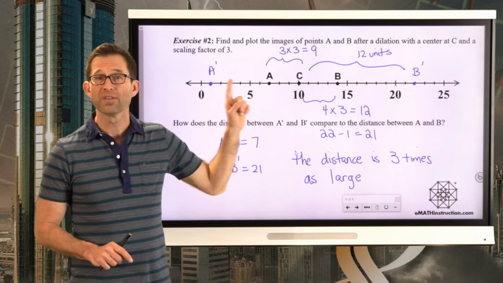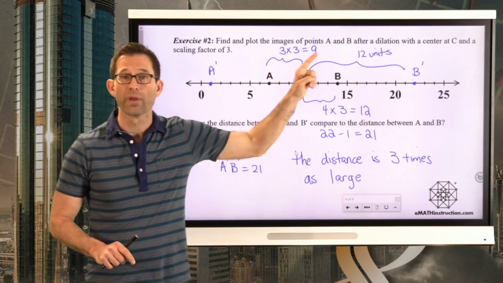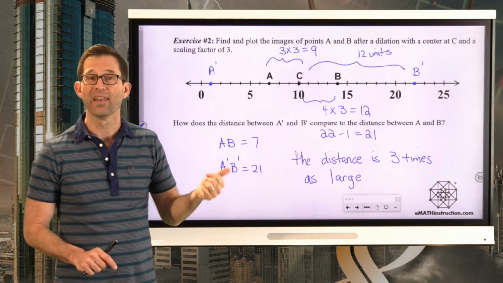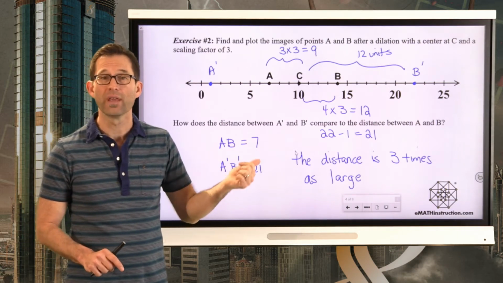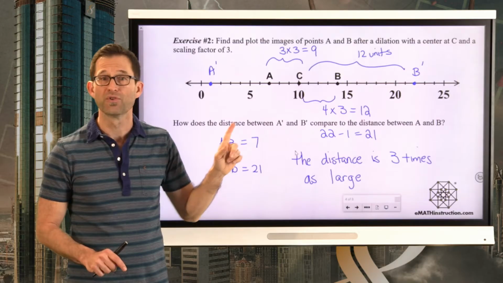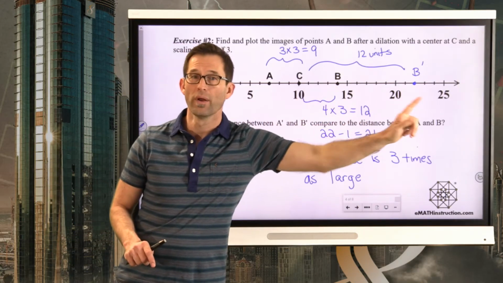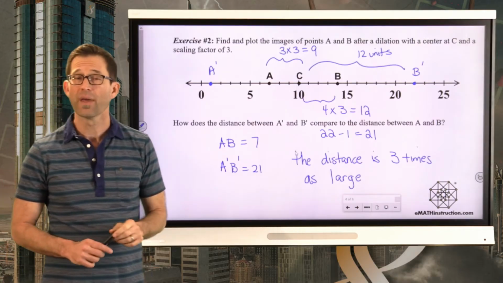So the original points were stretched by a factor of 3 away from the center, and the distance ended up being stretched by a factor of 3 between the 2 points. That went from 7 units to 21 units. Kind of cool, right? And a little unexpected.